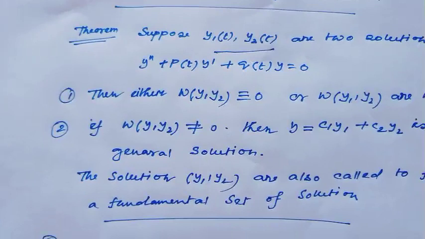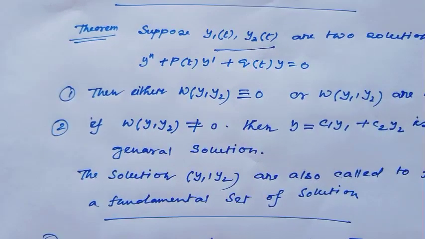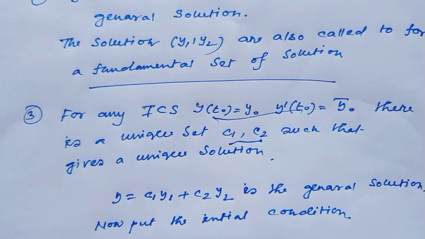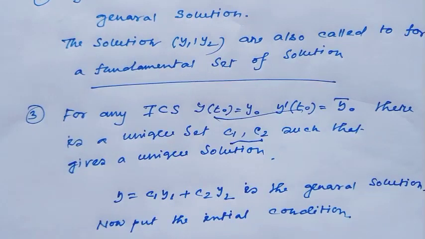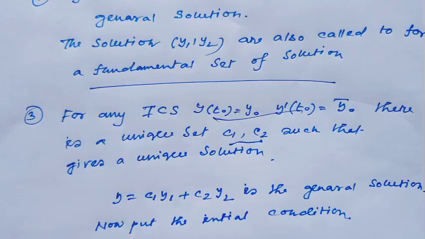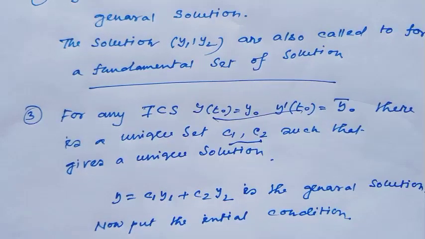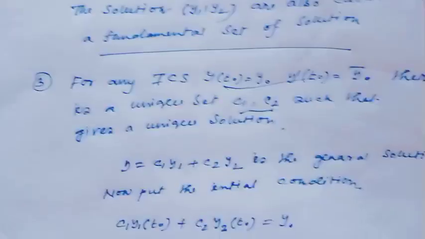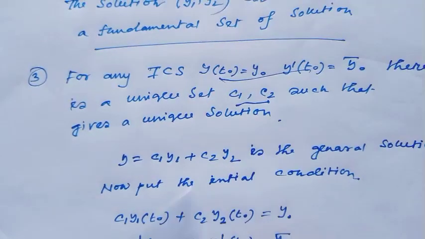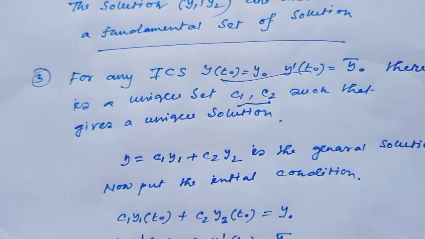And the proof is of this type, for such a second order differential equation. Here, the initial condition is y(t0) = y0 and y'(t0) = y0 bar. Since c1 y1 + c2 y2 is the general solution, now put this initial condition in this equation.